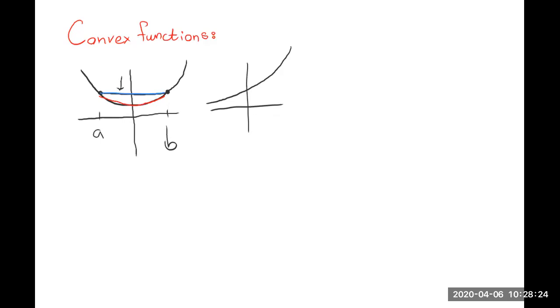Or we can look at the other one. Say, take two points here, A and B. If I connect these points on the graph of the function, as you can see, this line is above this part of the graph. Okay, this is called a convex function.